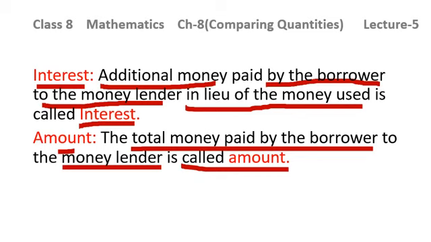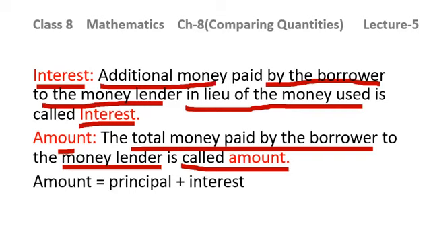Interest is the additional money paid by the borrower to the money lender in lieu of the money used. Then comes the amount, the total money paid by the borrower to the money lender. So amount is given by the formula principal plus interest. Principal is the money borrowed, plus interest is the additional money paid in lieu of the money used. So the total amount is to be given to the particular person or institution from which it was borrowed.